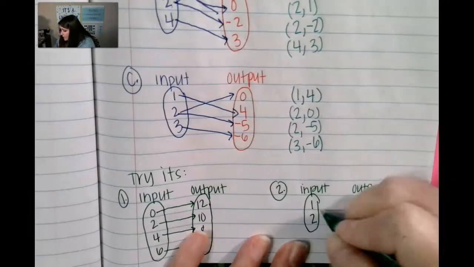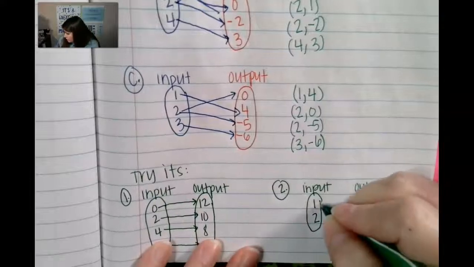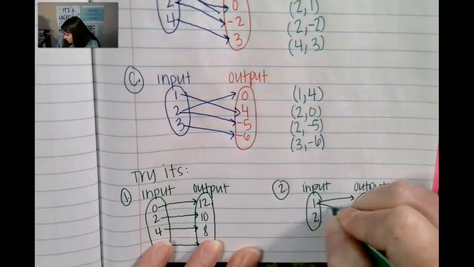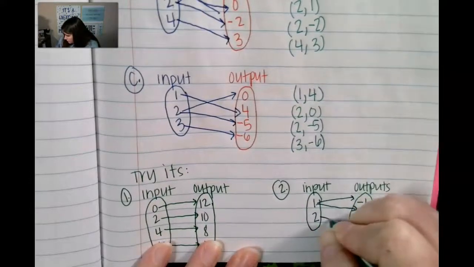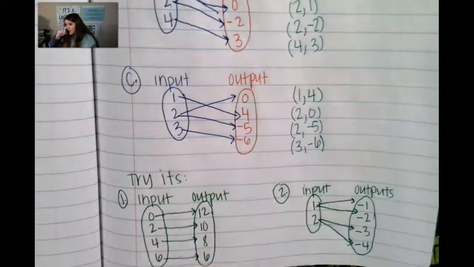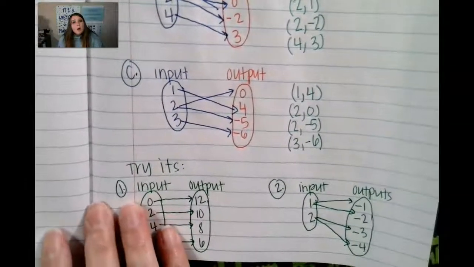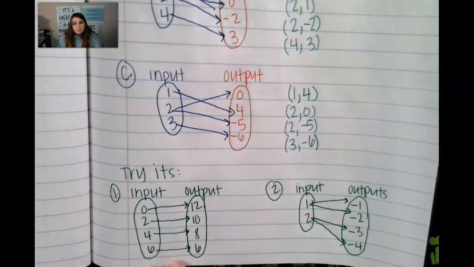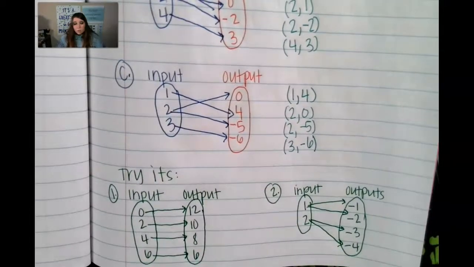And it looks like the arrows are drawn 2 per number. All right, so your job now is to hit pause so that you can identify the ordered pairs. So right now you're looking for ordered pairs.